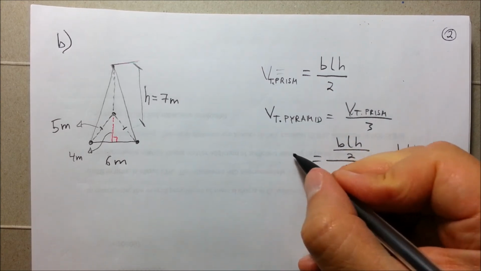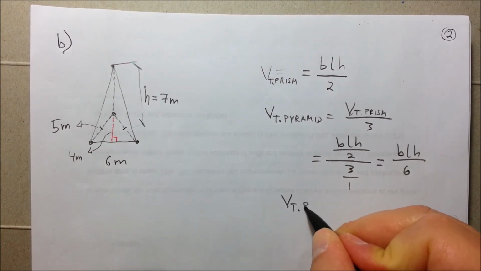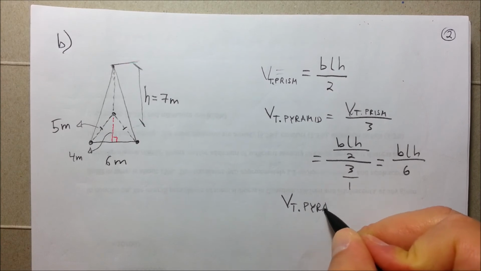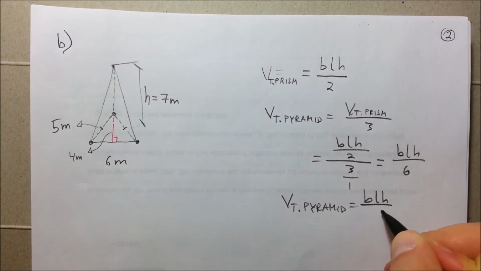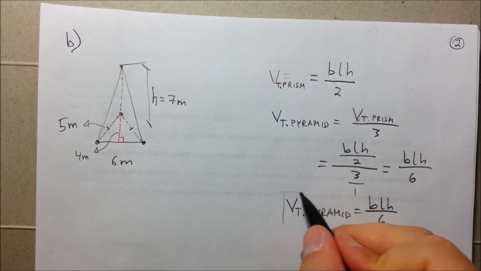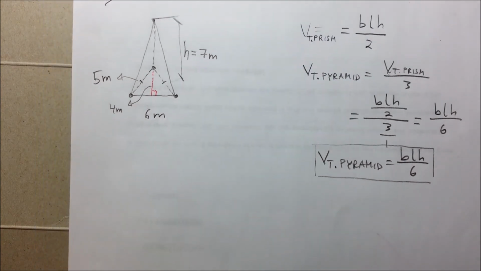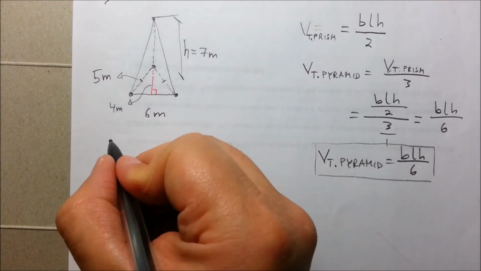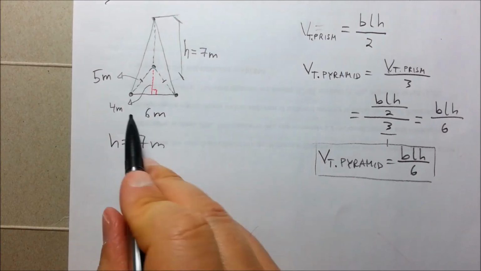Okay, so now we're going to use this formula. Let me just write it down here. V of the triangular pyramid equals BLH over 6. Okay, and now let's collect our data. I hope you guys can see this. So from here we're going to say what's the height. The height is going to be 7 meters. What's going to be L?